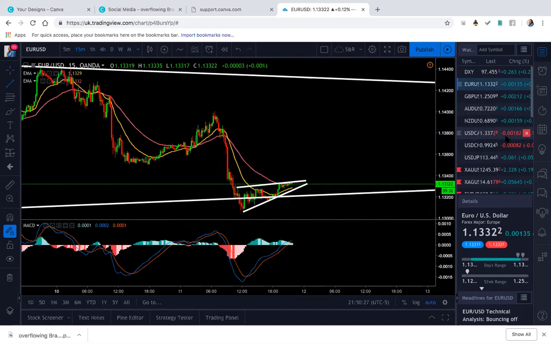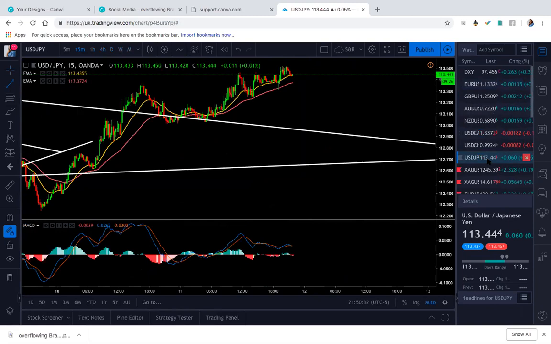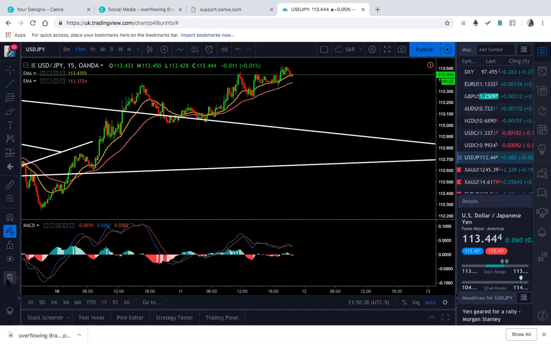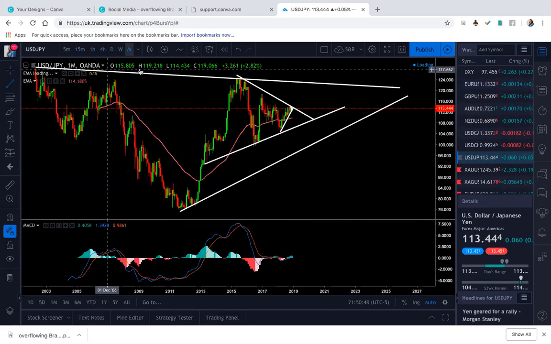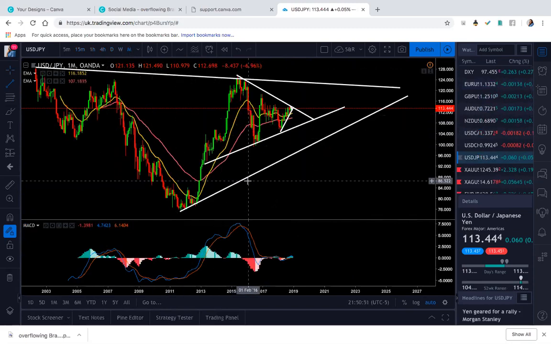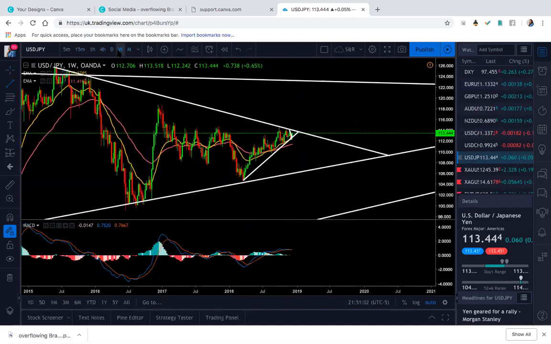All right, so I'm going to do one more example. We're going to look at USD JPY. As you can see, I've already drawn up my trend lines here. Right? Coming down to the weekly to make sure we have everything.